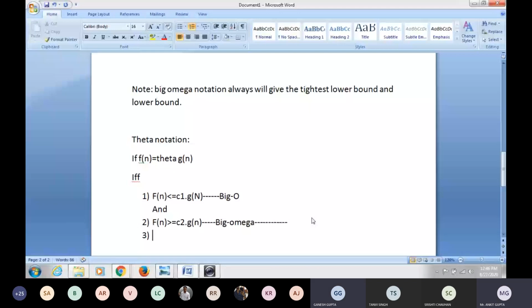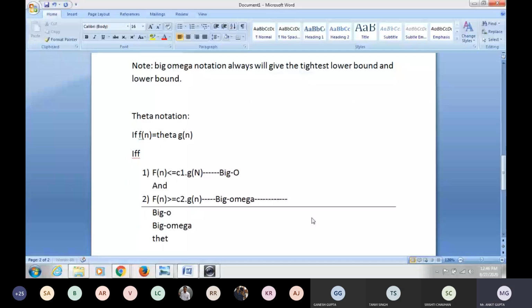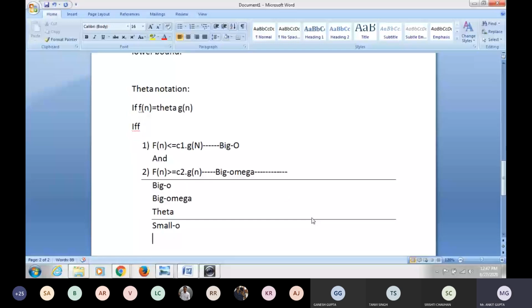So big O covered, big omega covered, and theta also I have covered. Now remaining are small o and small omega. These two are very simple, you can see that.